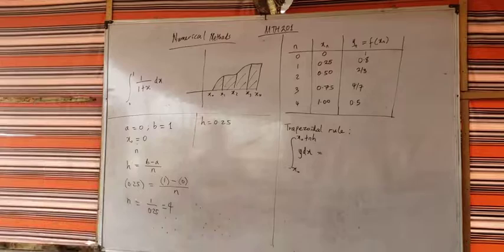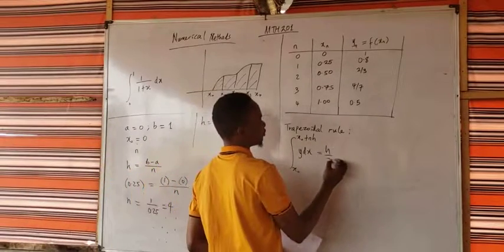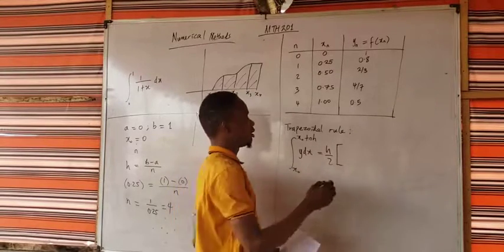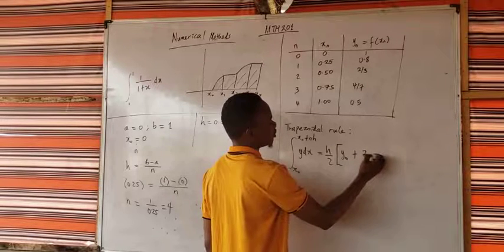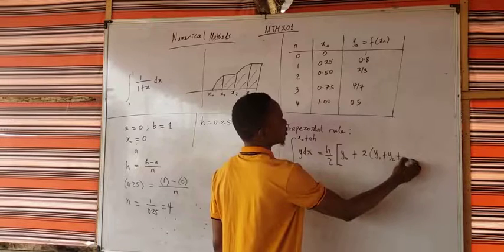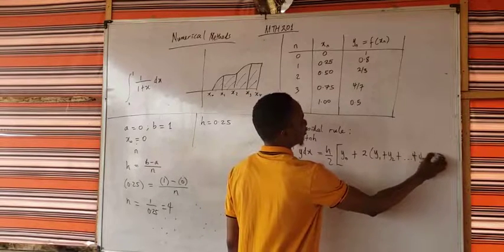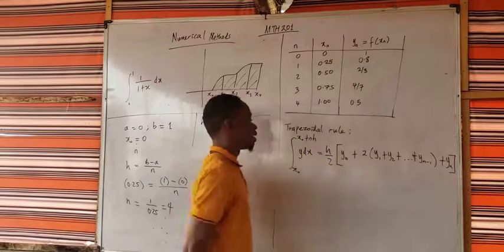H over 2 into open brackets y0 plus yn, plus 2 open brackets y1 plus y2 plus up to yn minus 1, close brackets. Alright, so that's trapezoidal rule.